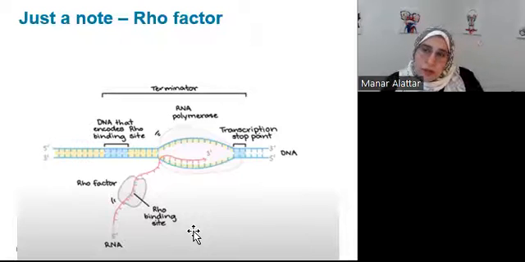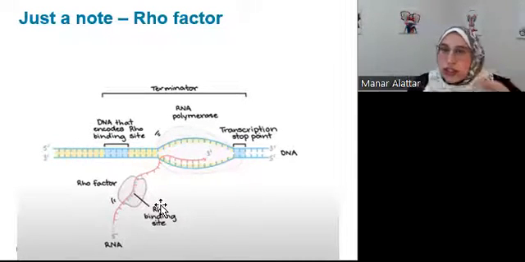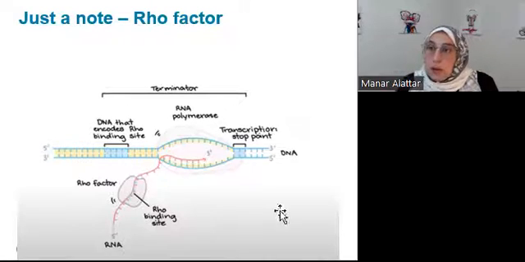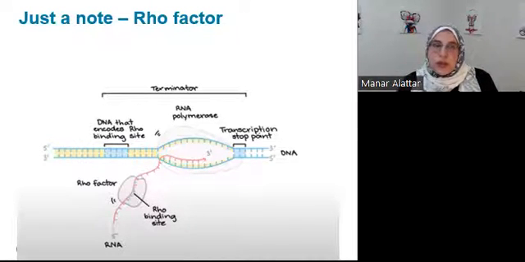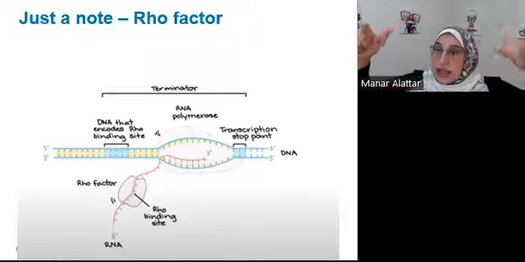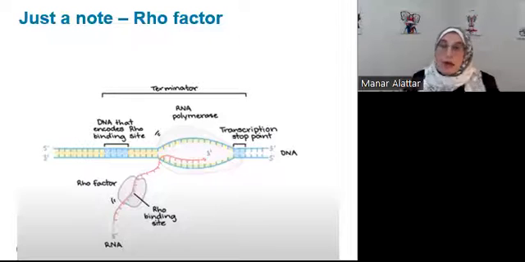One that is mentioned in your book and not mentioned in the video is the Rho factor, which essentially physically binds to the end of the RNA and then allows it to stop the process. So it's part of termination. And then your result is that you have, from the DNA, an RNA or an mRNA copy.